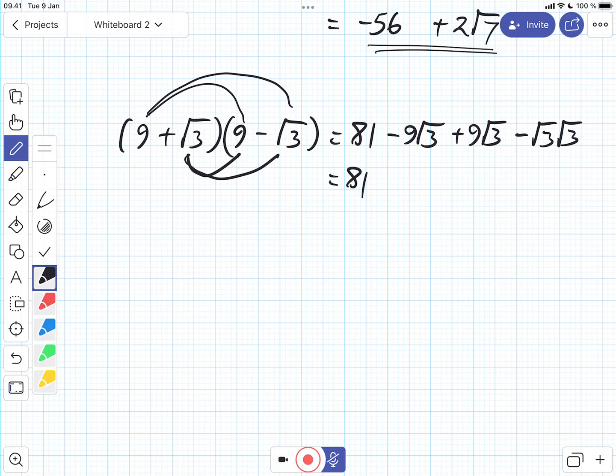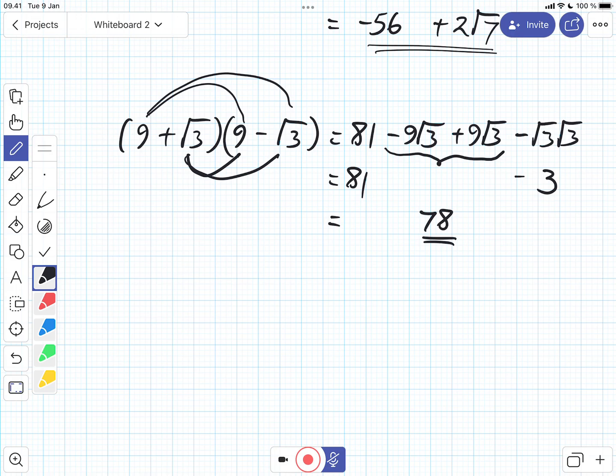You've got the 81, the minus 9 root 3 and the plus 9 root 3 cancel each other out, so there's nothing there. And then the minus root 3 times root 3 is the same as minus 3, because root 3 times root 3 is just 3. So you end up with 81 minus 3, and the middle bit just all cancelling out. And 81 minus 3 is 78. So it all boils down to just a simple 78.